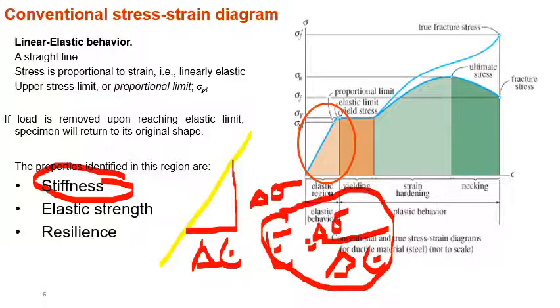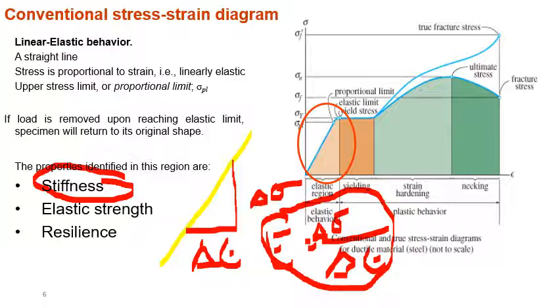Stiffness means whenever we apply a load, it will easily regain its original shape. For example, a steel rule: if you hold it at one end and oscillate it from the other end, once that vibration comes to zero, it will come back to its original position. That is stiffness.